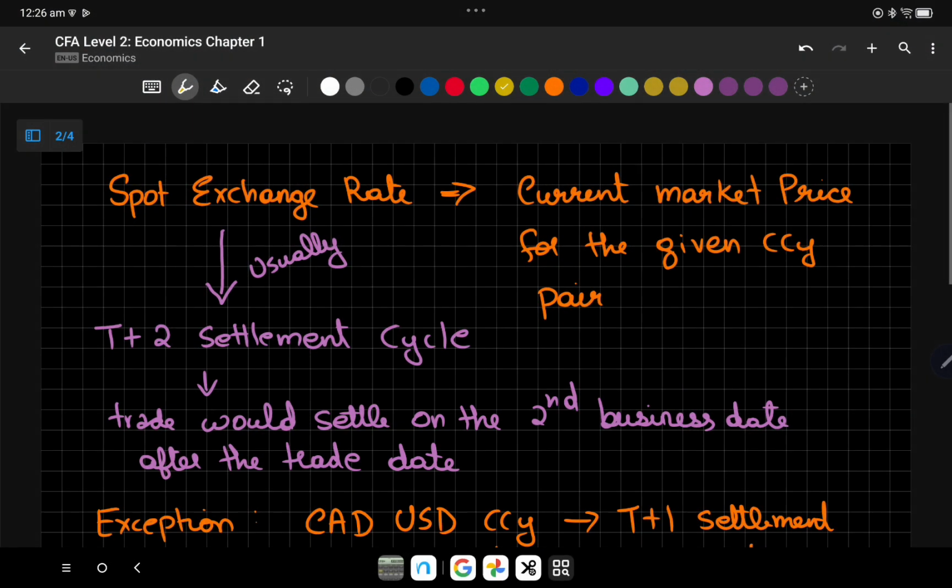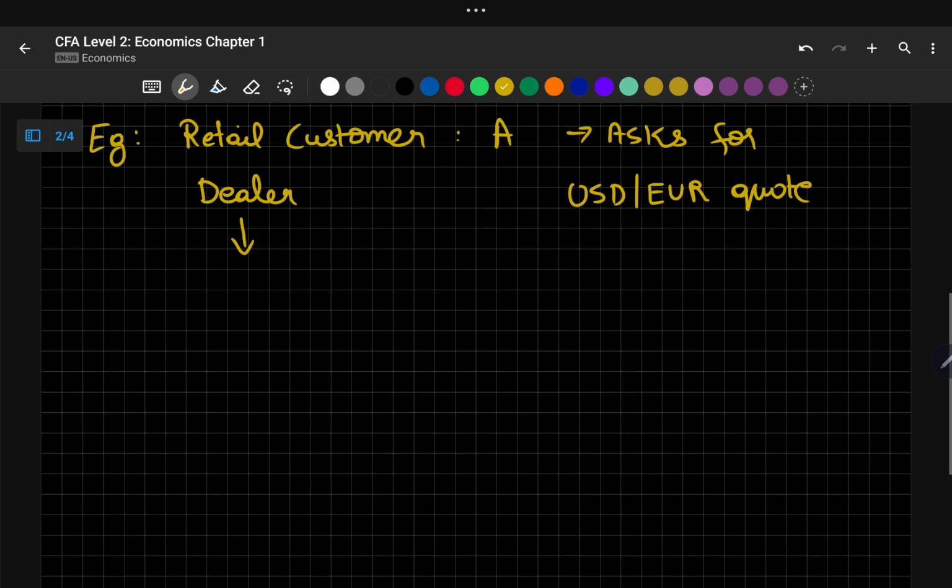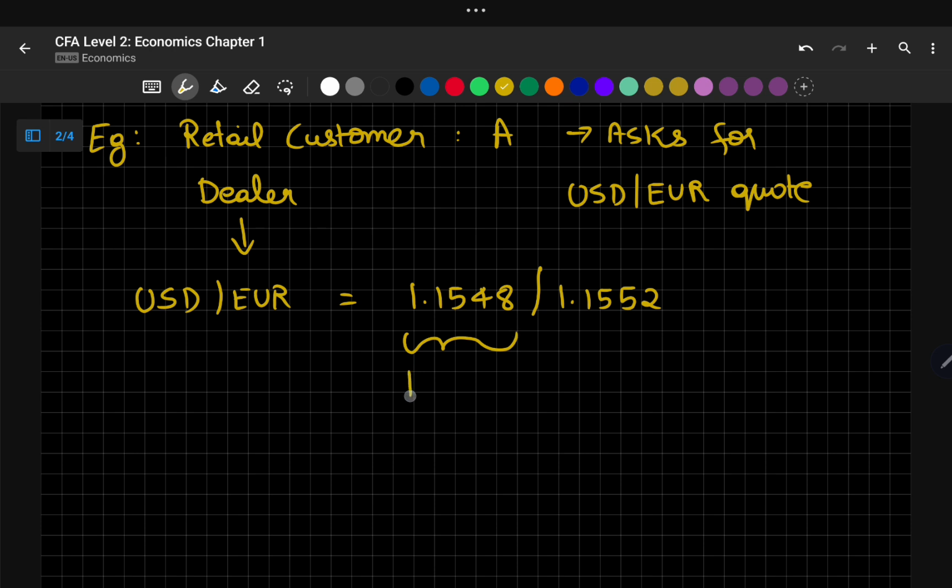Usually, how does the dealer quote? The dealer quotes via two prices. The USD euro quotation the dealer would give would be 1.1548 to 1.1552, this is an example. So when a dealer quotes two prices, the first price is the bid price and the second price is called the offer price or ask price.